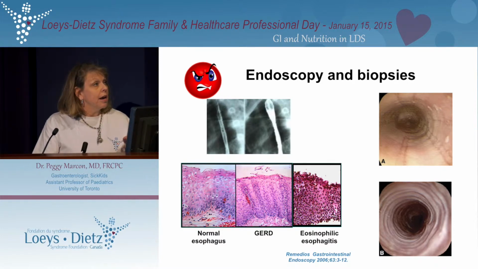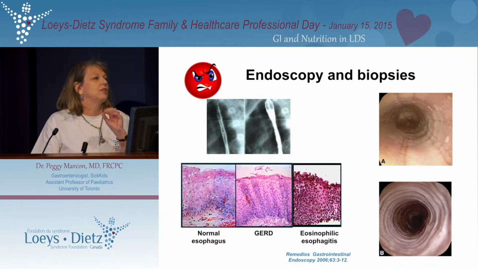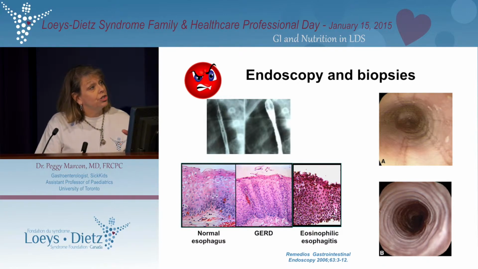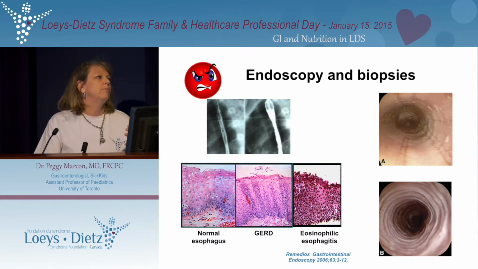And if you look under the microscope, this is what you want your esophagus to look like, because this is a nice, normal, healthy esophagus. And this esophagus is somebody who has eosinophilic esophagitis, and all these little red blotches in there are actually all the eosinophils in the esophagus. And they make the esophagus stiff, and they increase the amount of fibers running deep below the surface in the esophagus.